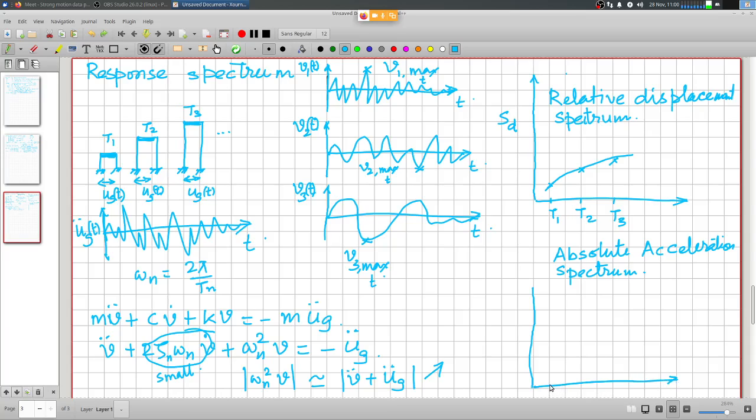Again T1, T2, T3, spectral acceleration. So you will have some value something like this.